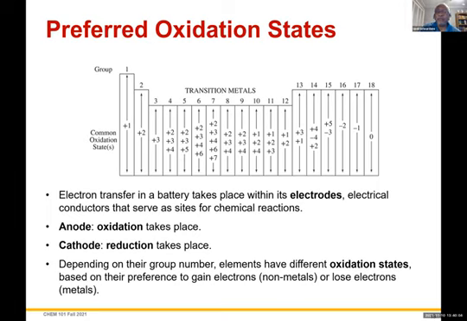Zinc has only positive 2. Copper has 2 oxidation states, copper 1 and 2. But normally, copper oxidation takes place from copper to +2.